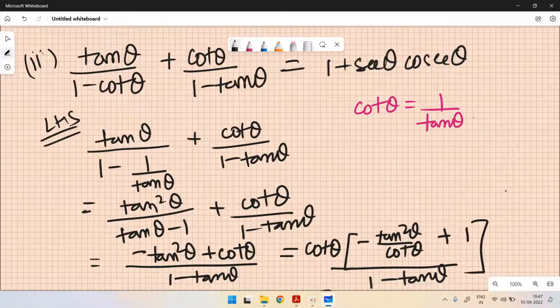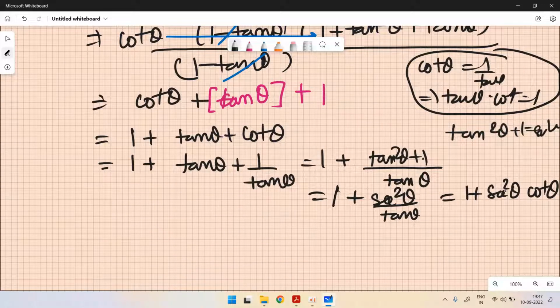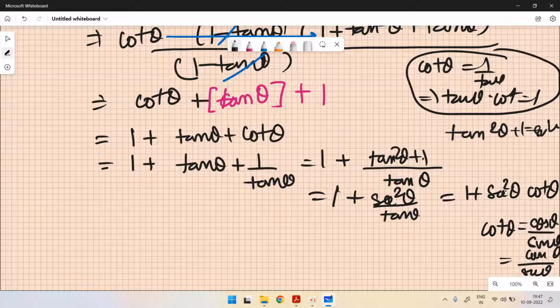What is my expression in secant into cosecant theta? Secant into cosecant theta. Okay. So you know that cot theta is cos theta by sin theta, and cosec theta is written as 1 by sin theta, so cot theta is cosecant theta by secant theta.